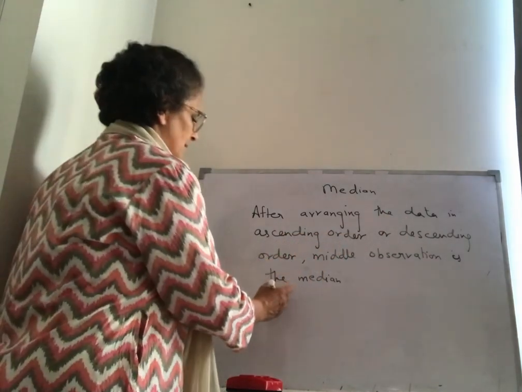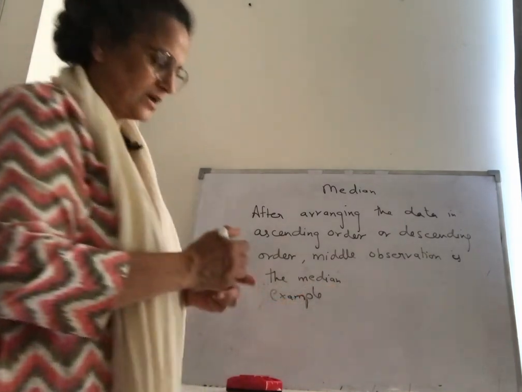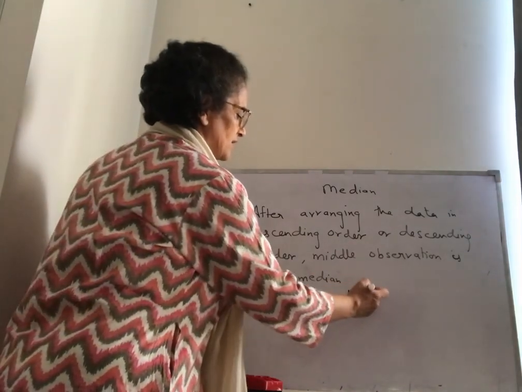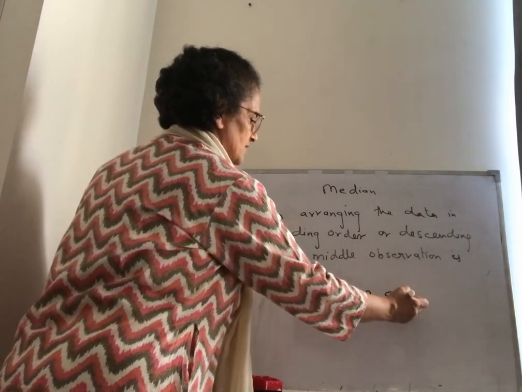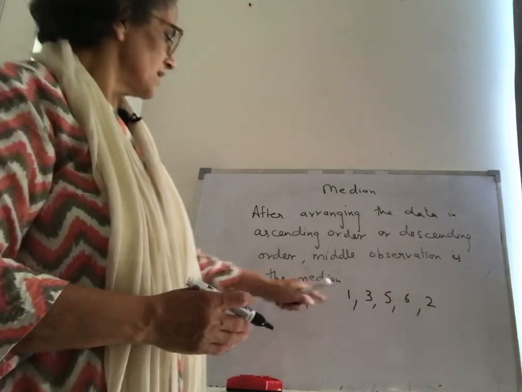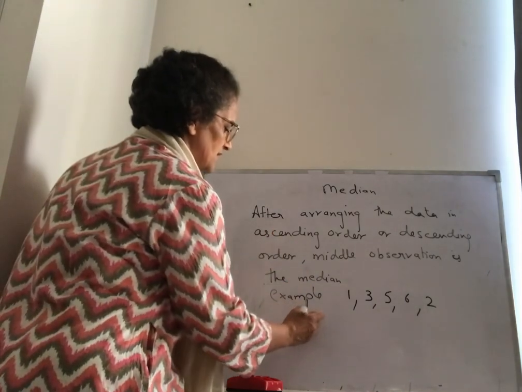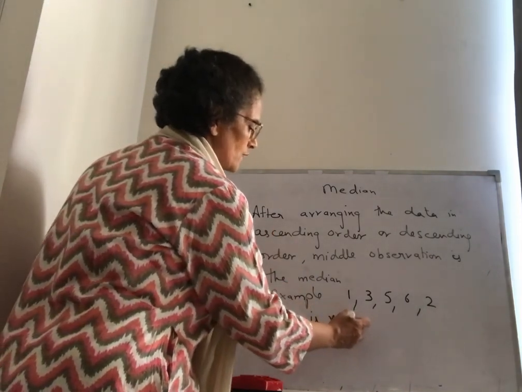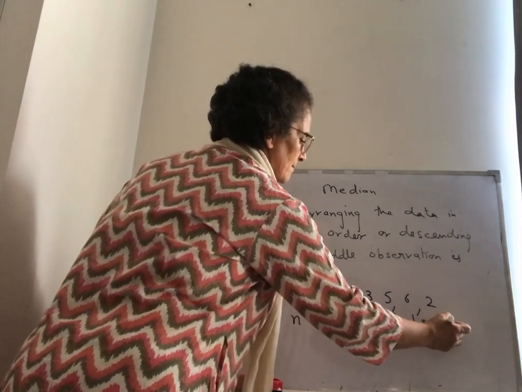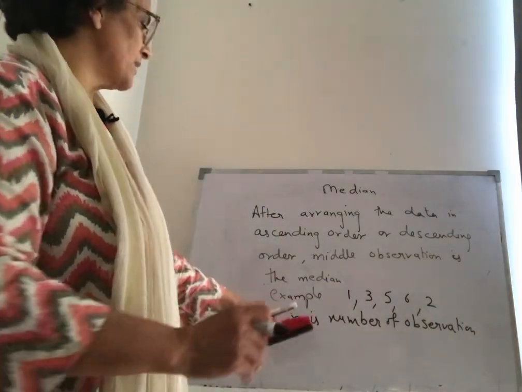Let's take an example with an odd number of terms: 1, 3, 5, 6, 2. The number of observations is 5, where n is the number of observations. So what will be my median?